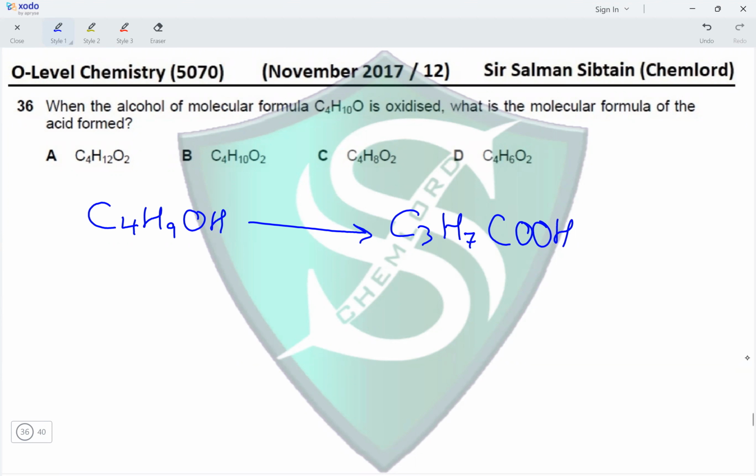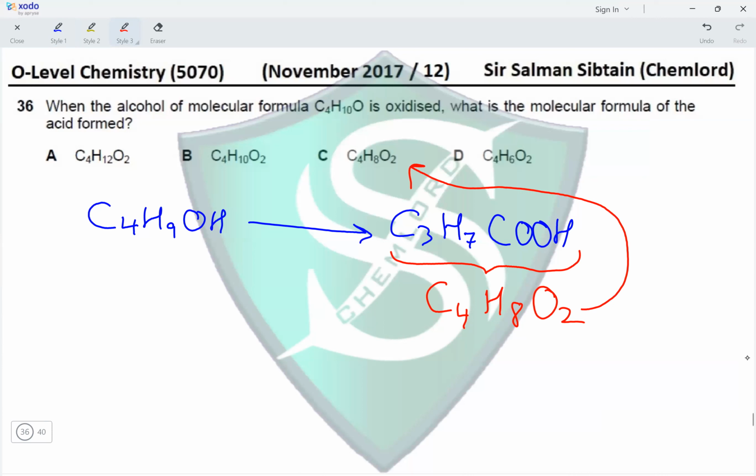This is because if there are four carbon atoms in the reactant, there would be four carbon atoms present in the product. And since it is oxidation, alcohols are oxidized to carboxylic acid. So let's look at the molecular formula of the carboxylic acid. We've got C4, we've got H8, and we've got O2. So accordingly, the correct option for this question is option C.